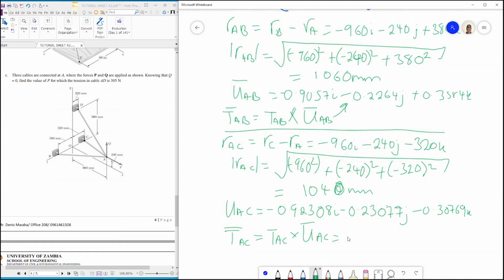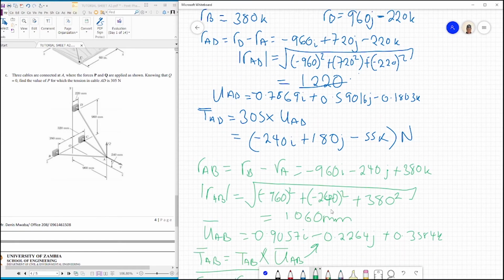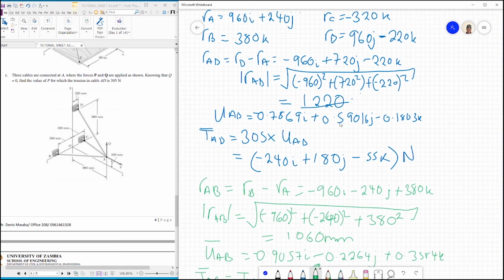So we'll get back now to the equation we established on top there, to say we need to sum all the forces and get 0.